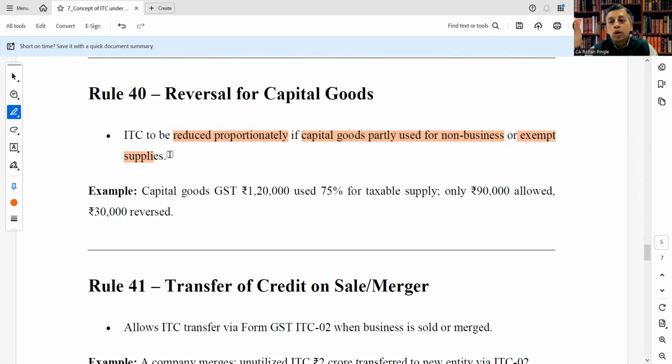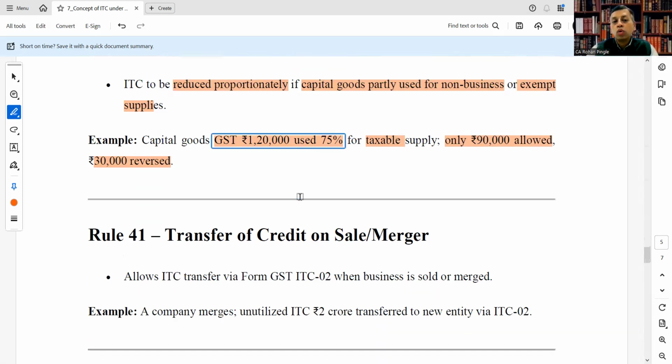Only the portion used in taxable supplies will be available to you, and the balance needs to be reversed. Example, capital goods with GST of rupees 1 lakh, 75% used for taxable supply. So only 75,000 will be allowed and rupees 25,000 reversed, as 75% is used for taxable and 25% for non-business or exempt. That is the reversal for capital goods under Rule 40.